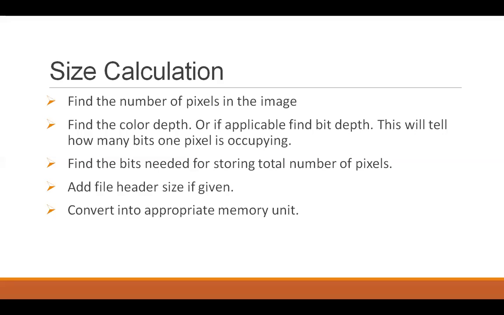After doing that, remember that everything has been done up till now in the form of bits or bytes. So now you have to convert your answer into the appropriate memory unit. If the answer is asked in MB, you would just convert that into megabytes. If the answer is asked in gigabytes, you would just convert that into gigabytes.